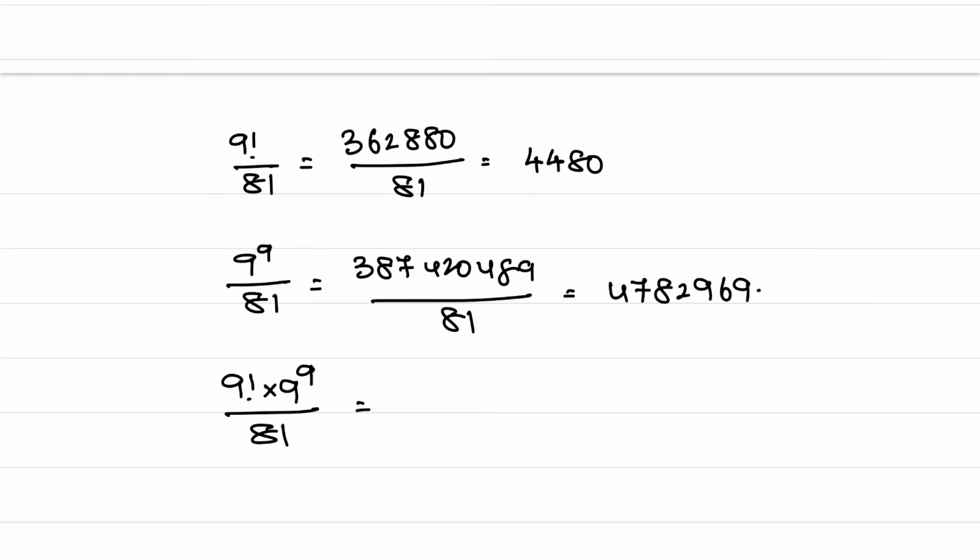It is better if you write it this way, because 81 is 9 squared: 9 factorial into 9 to the power of 7.